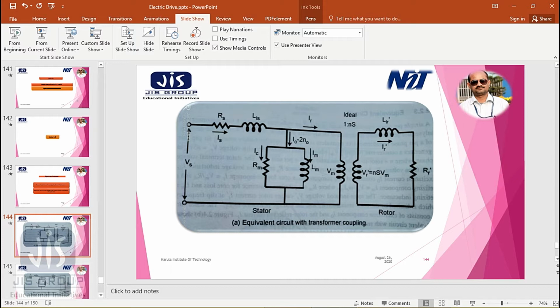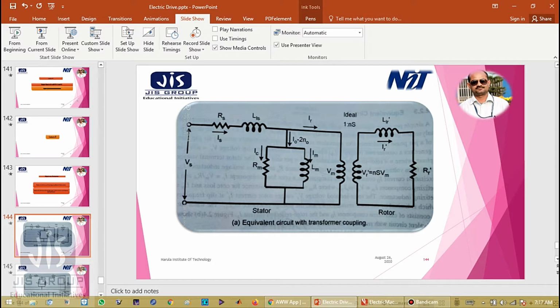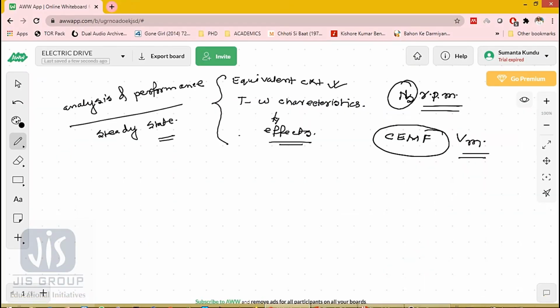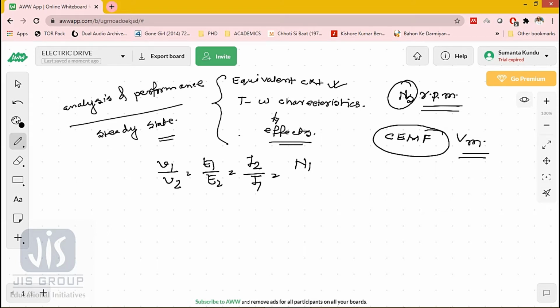Okay, so we know from our basic transformer principle that V1 by V2 equals E1 by E2 equals I2 by I1 equals N1 by N2. So voltage transfers in direct ratio, and current transfers in inverse ratio. We know that.